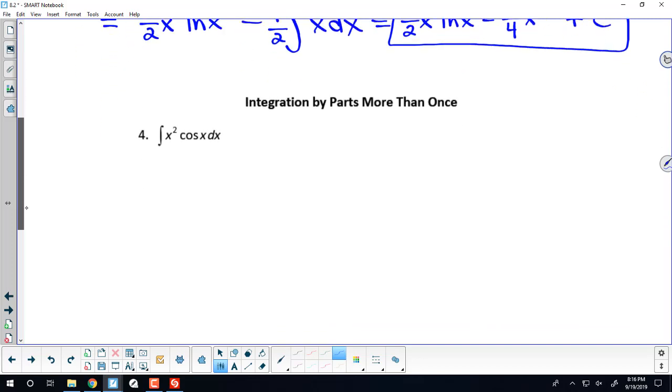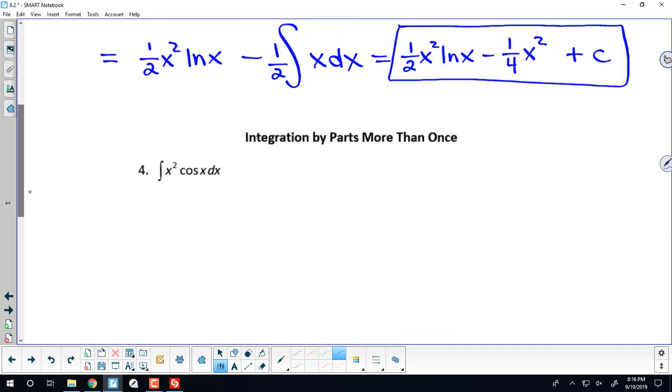So we can apply integration by parts more than once. If you apply it more than once, you've got the minus integral of v du in your formula, so you just have to be careful with all your signs. The more you do integration by parts, the more of those negatives you have to reconcile. So we'll start off with this algebraic times a trig function.